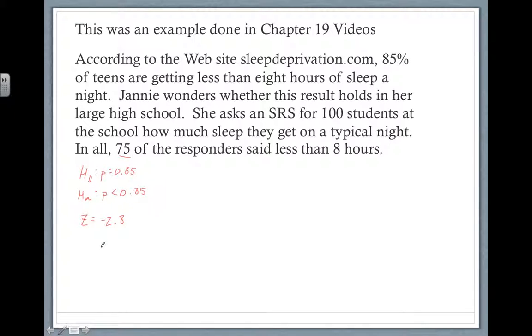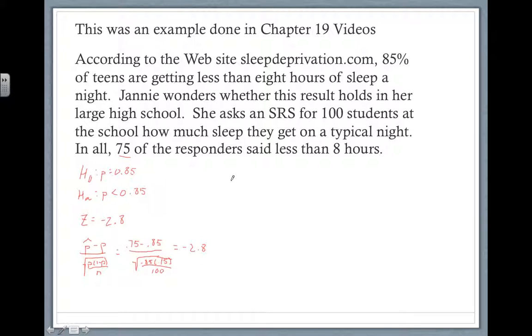Or using your formula, I'll just show you quickly: p hat minus p over your standard deviation, where p hat would be the 0.75 from the sample minus your parameter. And that's where my negative 2.8 comes from.